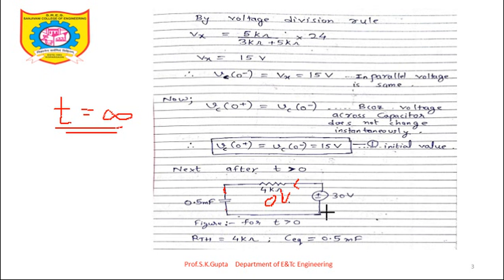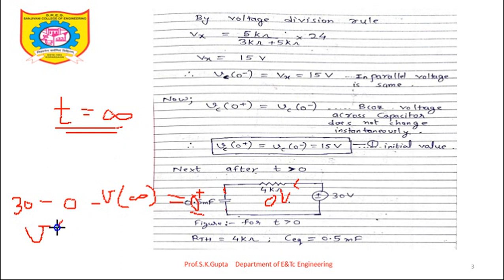Now I can just use KVL. Going from minus to plus, 30 minus 0, since the voltage across 4 kilo ohm is 0, minus this open-circuited voltage V infinity, because I am going from plus to minus, equal to 0 by Kirchhoff's voltage law.